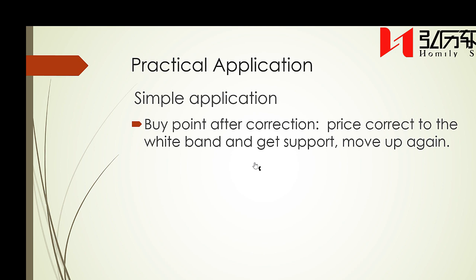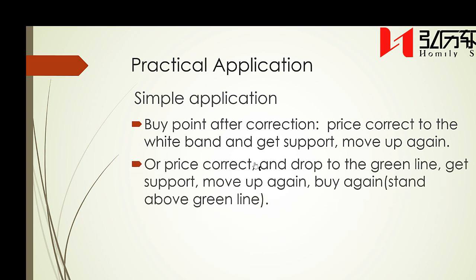When it gets the support from the white band, it means uptrend from the white band. So we can buy if we have missed the first buy point. So this is the second buy point.